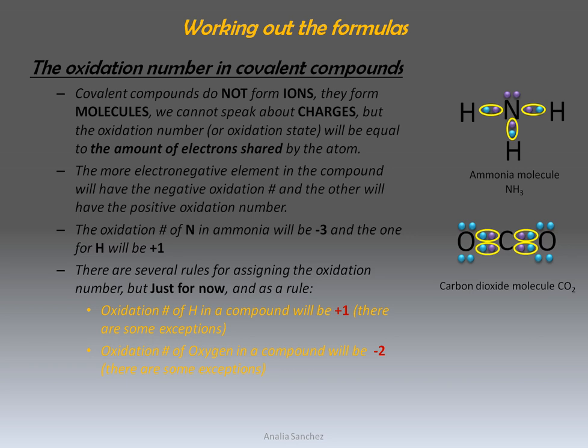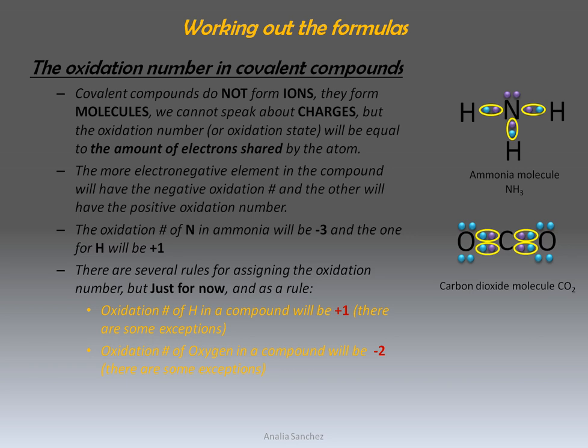And the carbon in this case is acting with +4 because it's sharing 4 electrons, but the oxygen is more electronegative. There are several rules about oxidation numbers and how to assign them, but that will be in another video far away in the year.